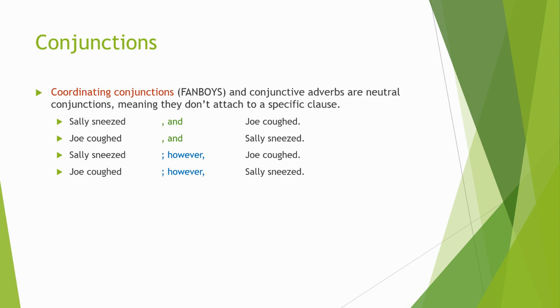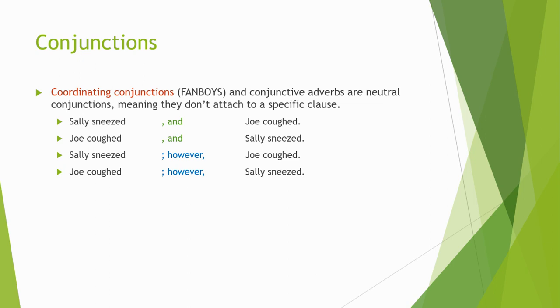If we look at these examples below: Sally sneezed and Joe coughed. Joe coughed and Sally sneezed. It doesn't matter what order you put it in, the conjunction stays in the middle. It's like a bridge connecting two sides. It's not really connected to any one side more than the other. Same thing with conjunctive adverbs. Sally sneezed. However, Joe coughed. Joe coughed. However, Sally sneezed. They're neutral.